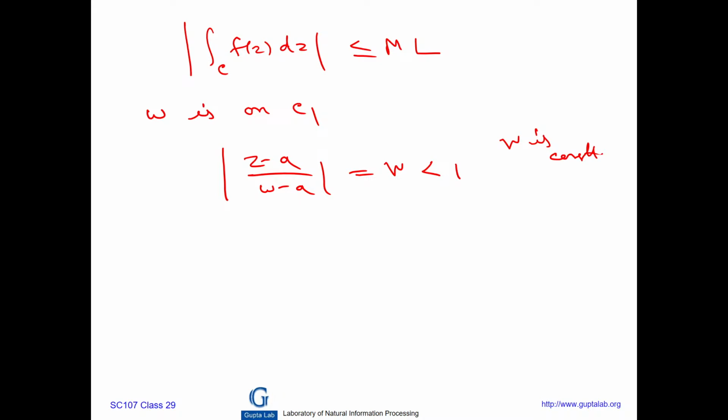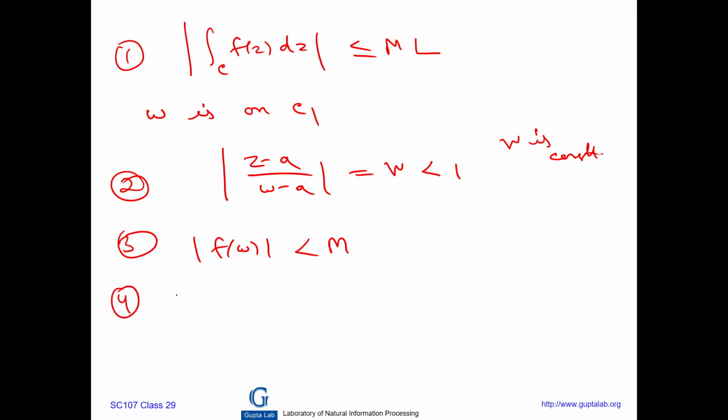Also, third thing is that mod of f of w is less than M, since f of z is analytic. So M is a constant. And fourth inequality I am going to use: mod of w minus z is equal to mod of w minus a minus z minus a. This will be at least r1 minus mod of z minus a.